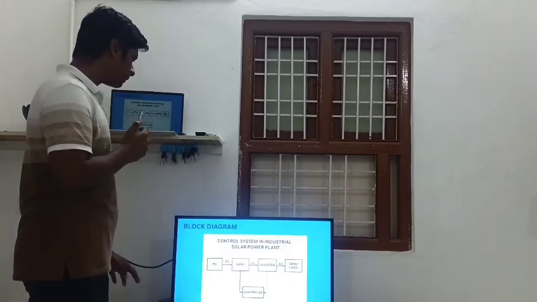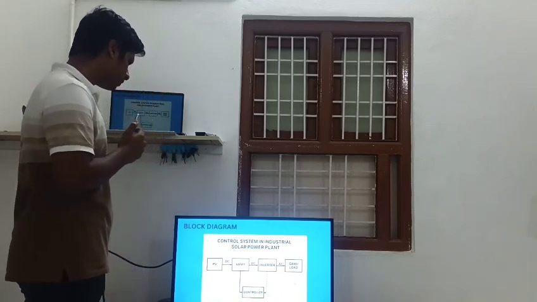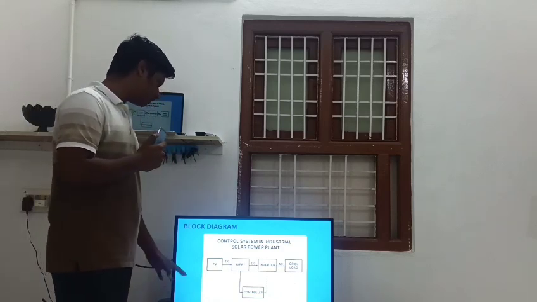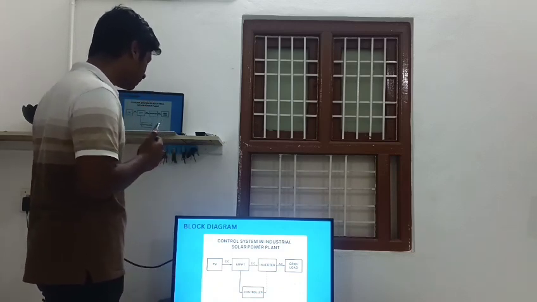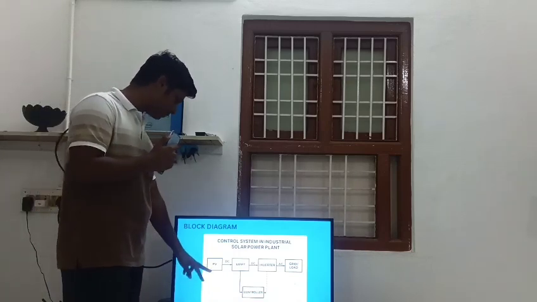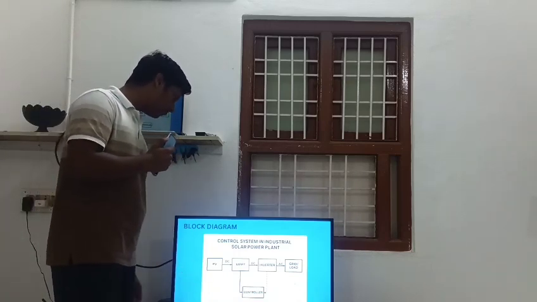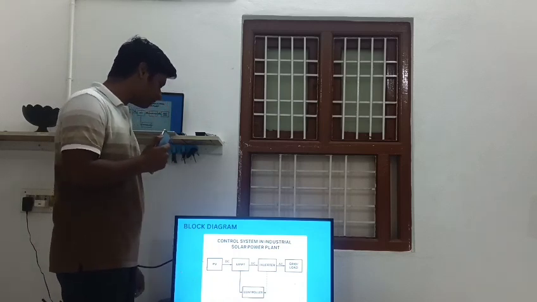This is the basic block diagram which is used in an industrial solar power plant. It is pretty simple and explains the control system behind it. This is the first block which shows the lettering PV. It means nothing but photovoltaic cells.